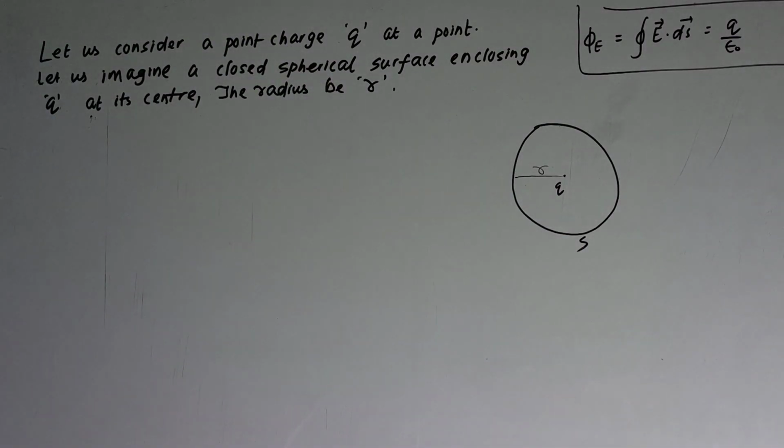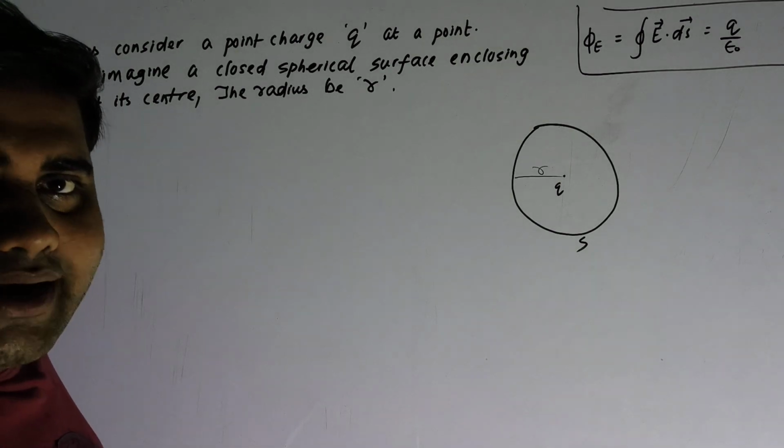So what are you going to calculate there? You can see that if q is a point charge, we know how to calculate the electric field of a point charge.